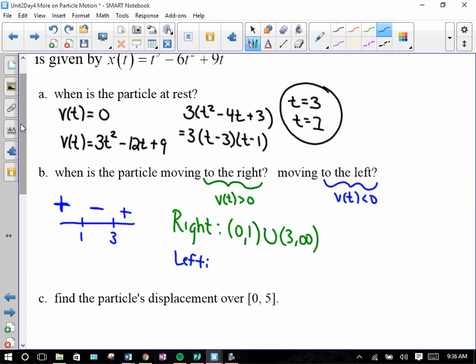Why is it 0 to 1 and not negative infinity to 1? Because you can't have negative seconds. So technically it's negative infinity to 1. However, when we're dealing with time, a particle can't travel back in time. So moving to the left, Shamara, when is the velocity less than 0? From 1 to 3. So moving to the left, 1 to 3.